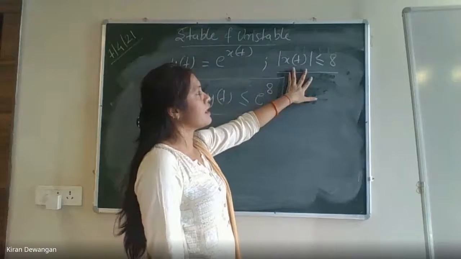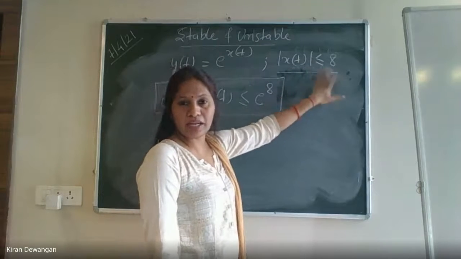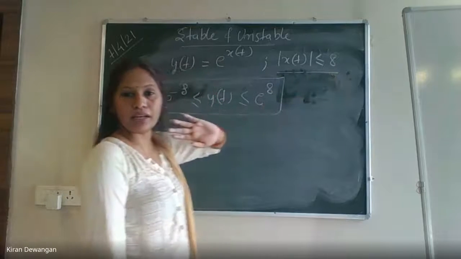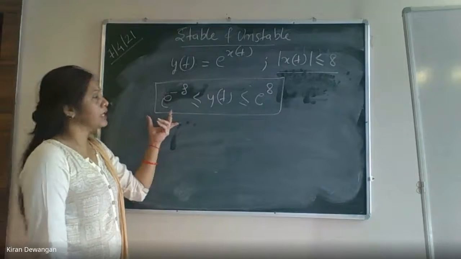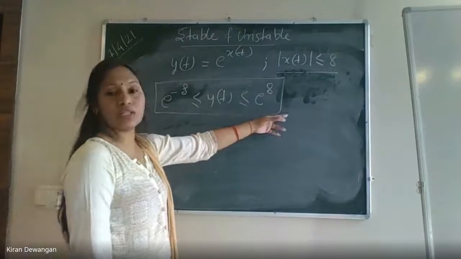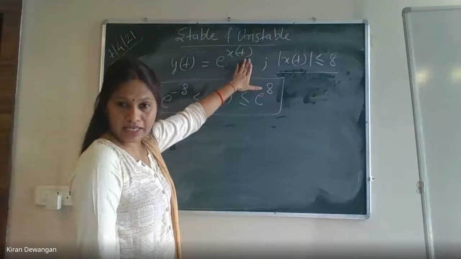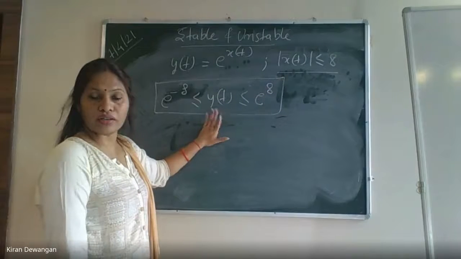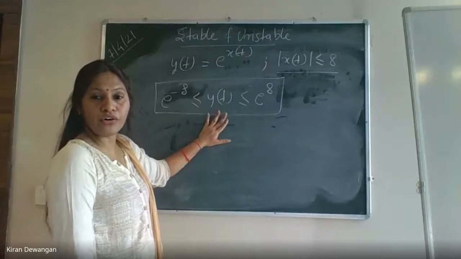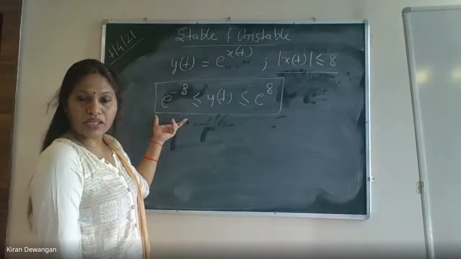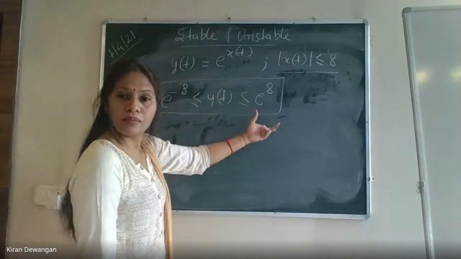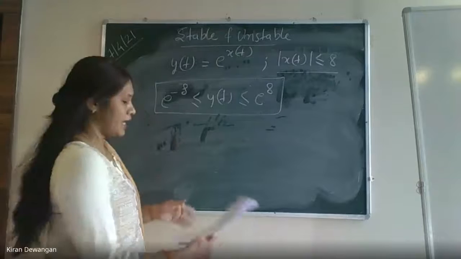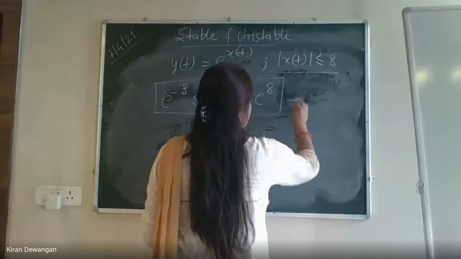Mod of x of t is at most 8, that means x of t can vary from minus 8 to plus 8. So e to the power minus 8 is less than or equal to y of t, which is less than or equal to e to the power 8, because y of t is e to the power x of t. So are we getting a bounded output or not? The output will lie between e to the power minus 8 and e to the power plus 8, so it is also a bounded output, and hence the system is a stable system.